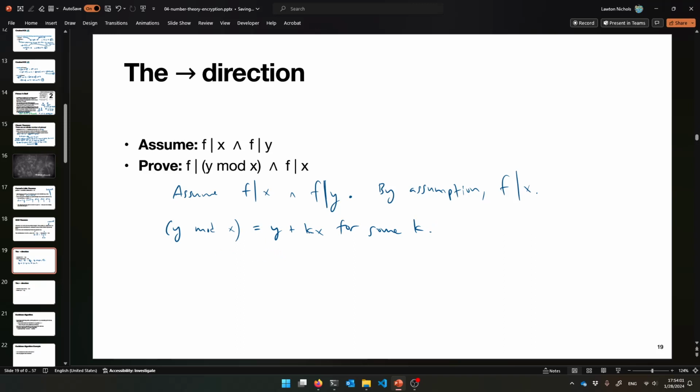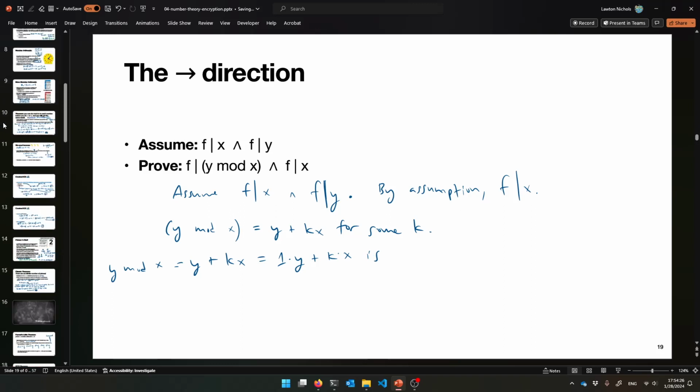And then, all right, y plus kx, this is going to be a really cool combination of other theorems that we've had. So y mod x, which we know now is equal to y plus kx, that's the same as 1 times y plus k times x. What does that look like? Have we seen that before? That's a linear combination.